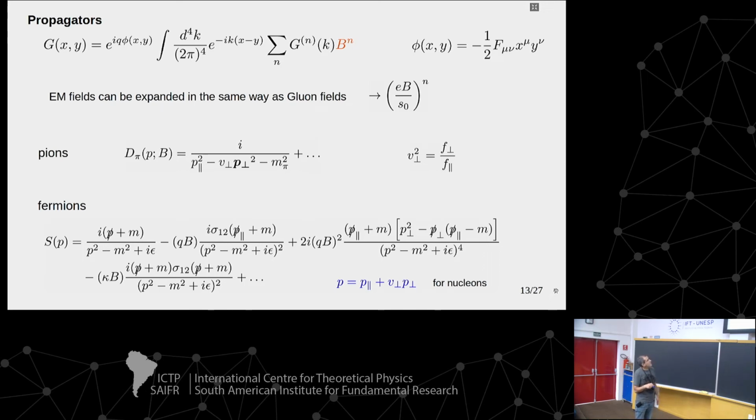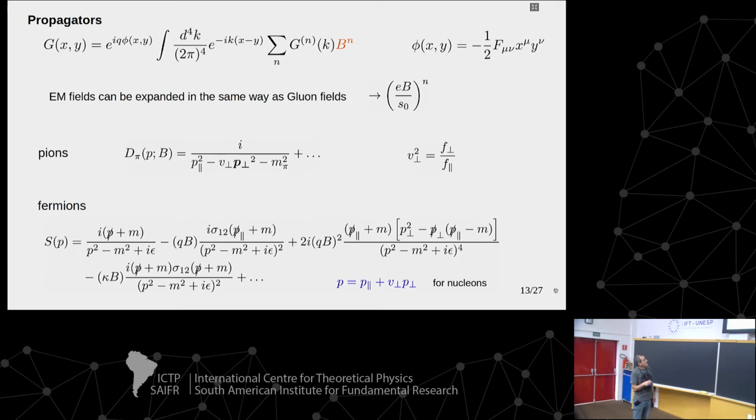In this case, this will also happen with the magnetic field. We will have an expansion in terms of s0. This is small B, but it's not that small, so we can reach up to s0, basically.